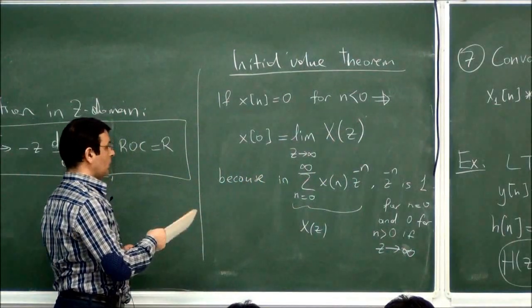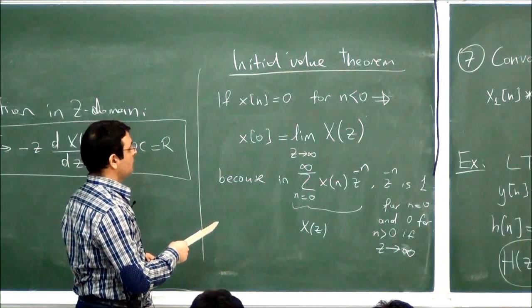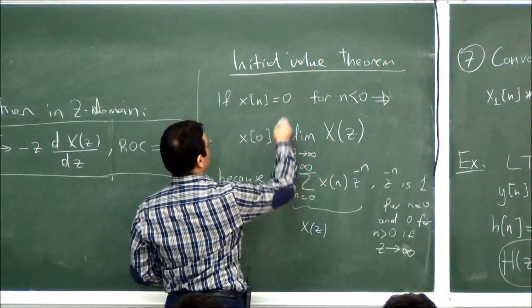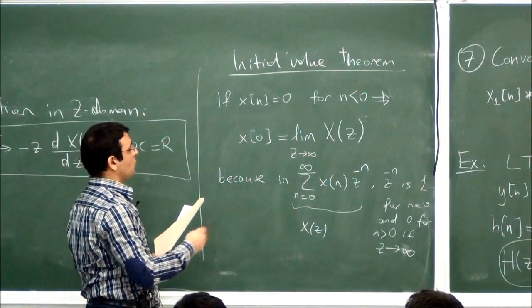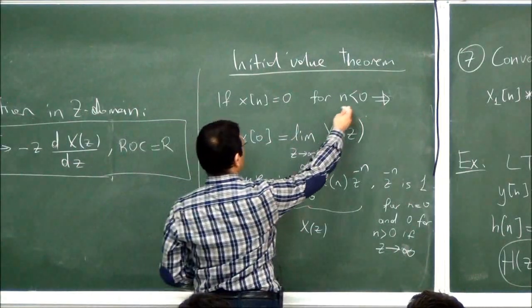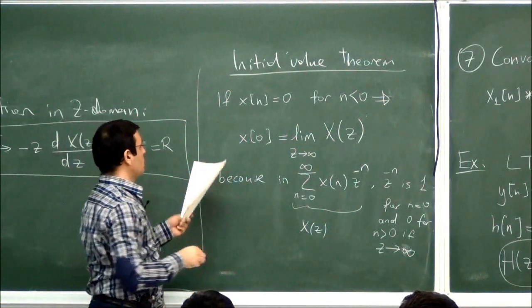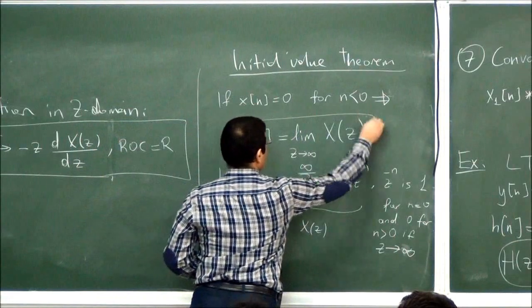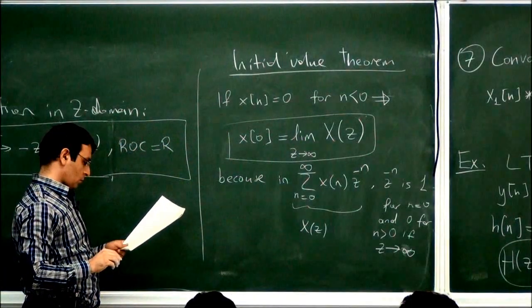So the initial value theorem tells us that if your sequence is a positive sequence, or there is no value for negative indexes, in this case x[0] is equal to this.